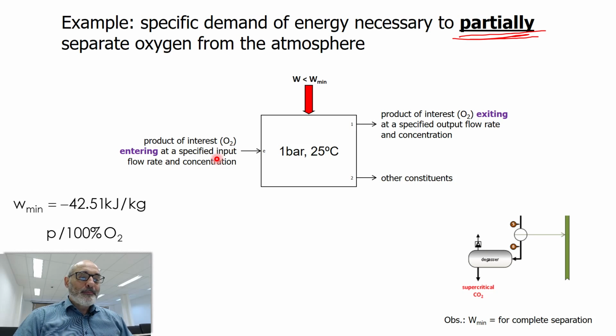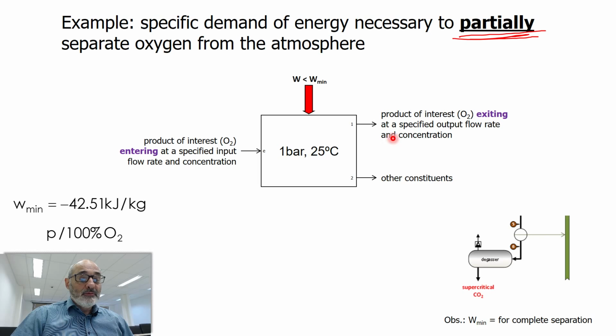So we have a product of interest, which is O2, entering at a specified input flow rate and concentration. For the atmosphere, we calculated that the minimum separation work for a perfect, complete separation is minus 42. This is the theoretical minimum.